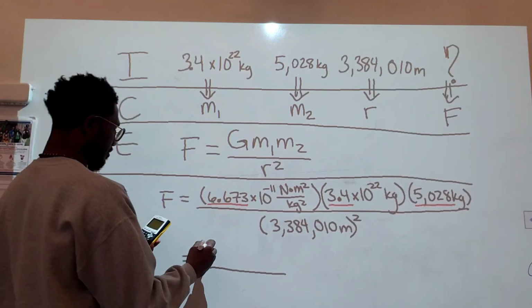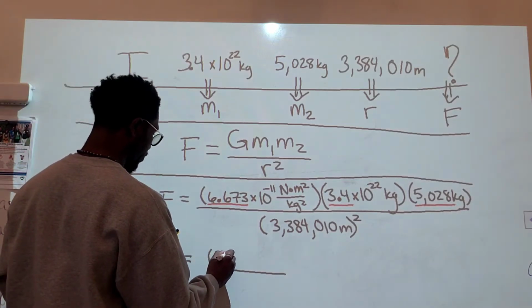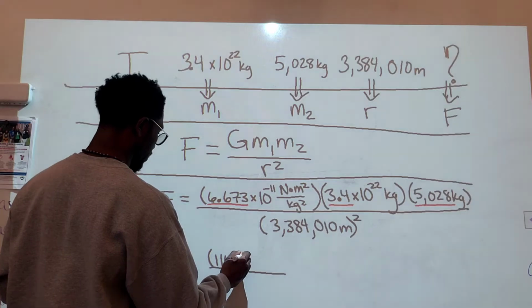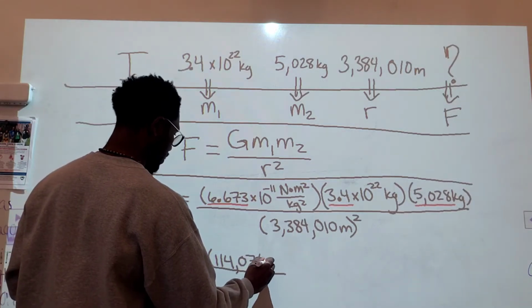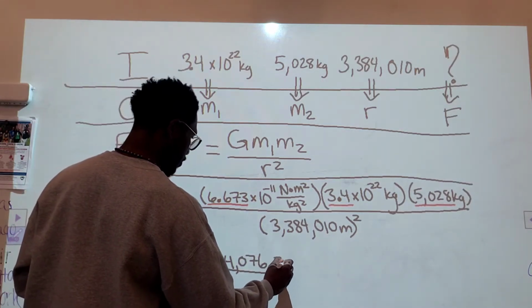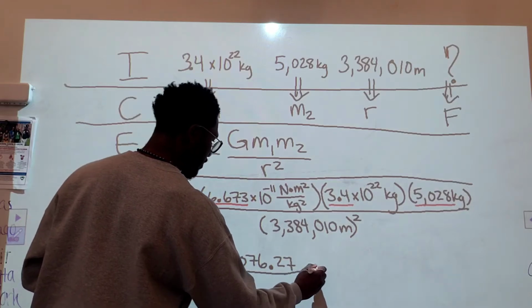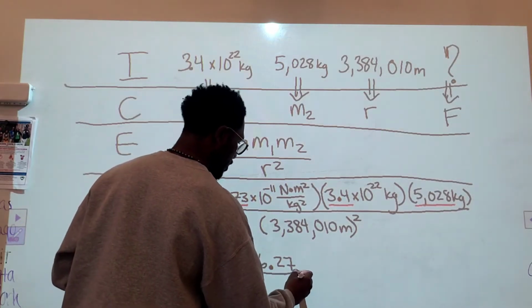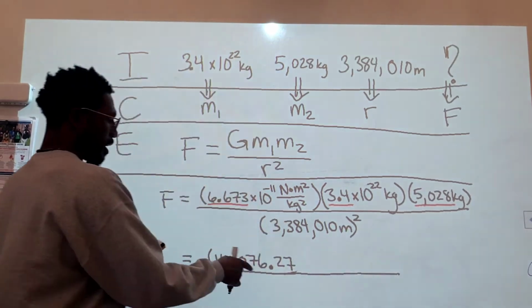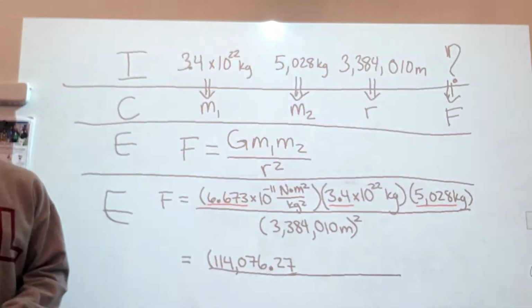So I multiply all my numbers together, and I get 114,076.2, and I'm going to round the 6 up to a 7. So we've got our number.